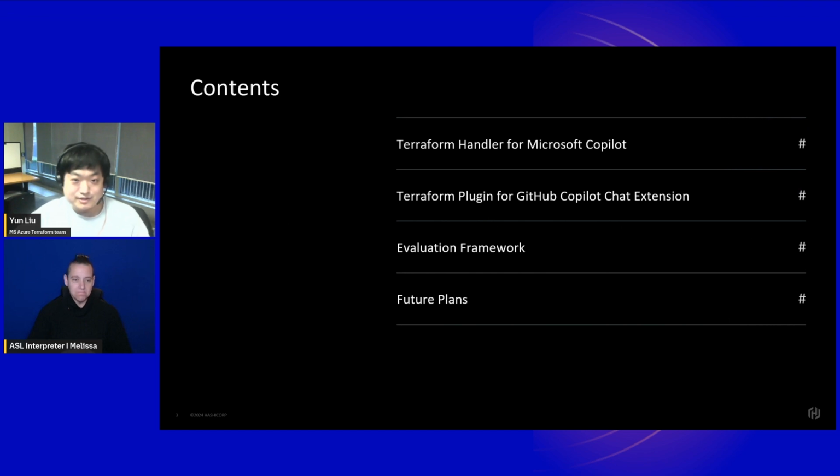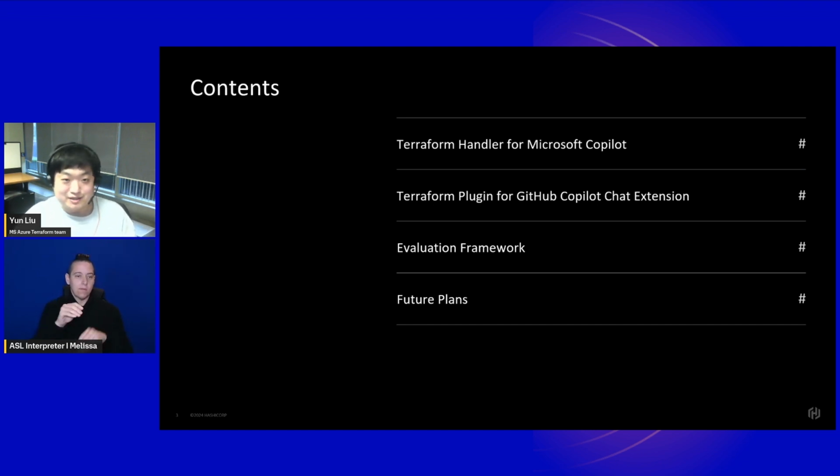In this session, there are four parts. The first section covers the Terraform Handler for Microsoft Copilot, which focuses on how the Terraform Handler is built and how to use it. We focus on speed and efficiency. After that, I will talk about the GitHub Copilot Chat extension, where we have a Terraform plugin.